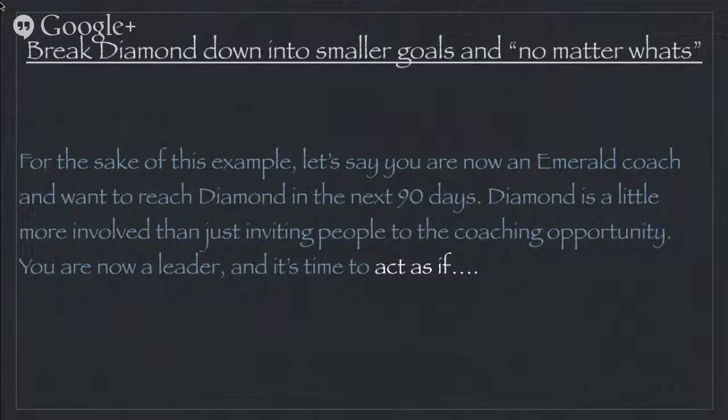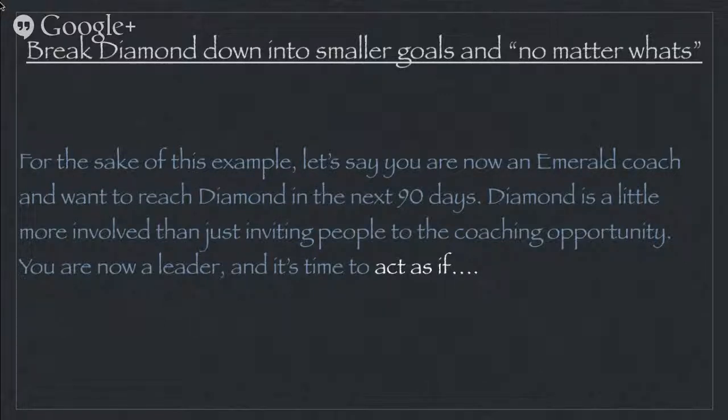For the sake of this example, let's say you're now an Emerald coach and you want to reach Diamond in 90 days. Now, Diamond's a little bit more involved than just inviting people to the coaching opportunity. We need 8 coaches, so we're not just going to make a list of 80 people to invite and hope that we get our 1 out of 10.